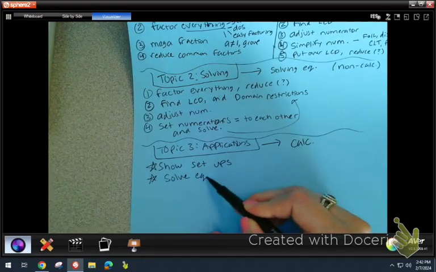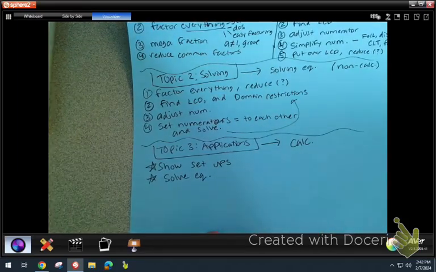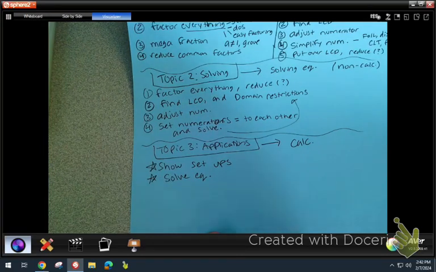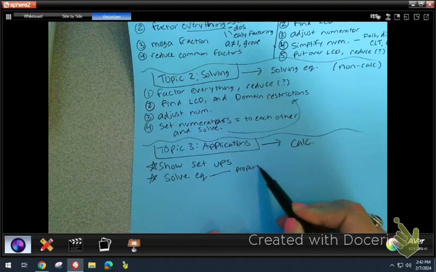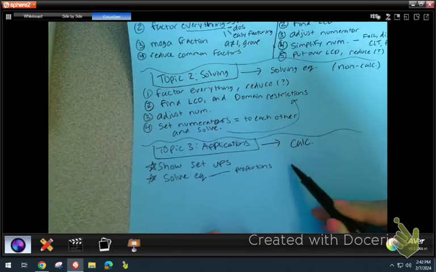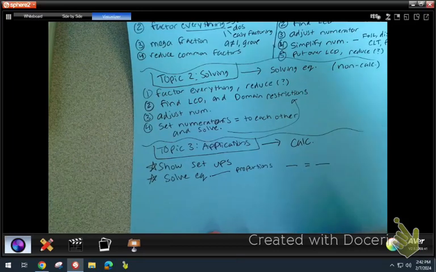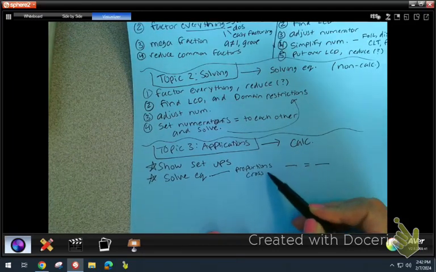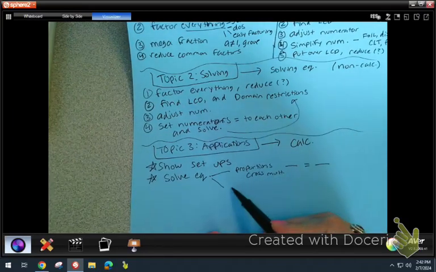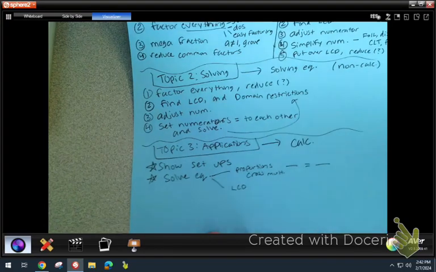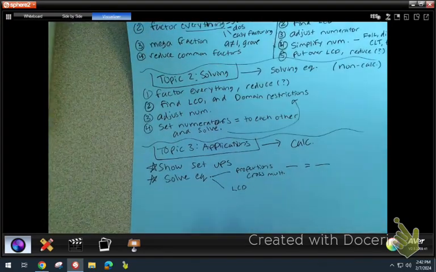Solve the equations. It could be that you have a proportion. A lot of our setups are proportions. So what's a proportion? Fraction equal to fraction. And then how do you solve those? Cross multiply. Or you could need an LCD. And then that would be like what you do above.